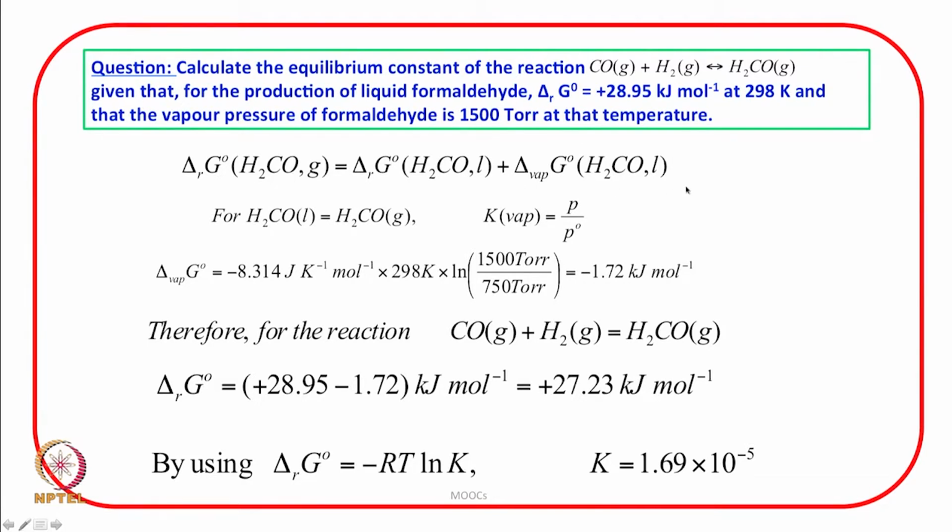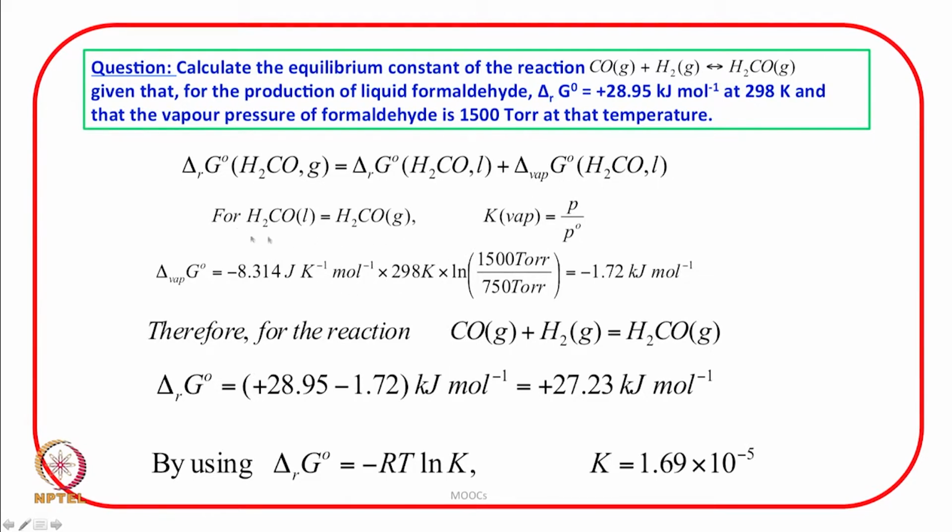That is why we wrote this equation, that the standard Gibbs energy change for the production of H2CO gas will be equal to the corresponding standard Gibbs energy for the production of liquid formaldehyde, and somehow we calculate the delta G naught for the vaporization.